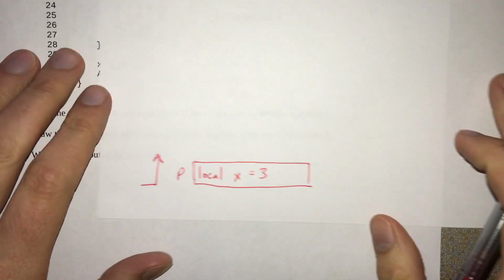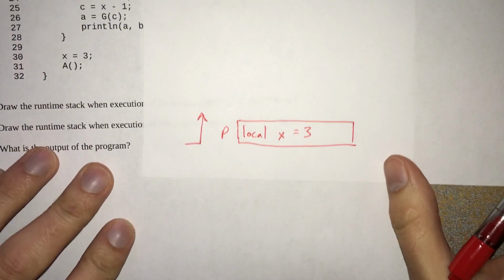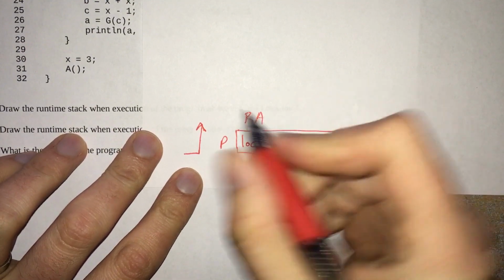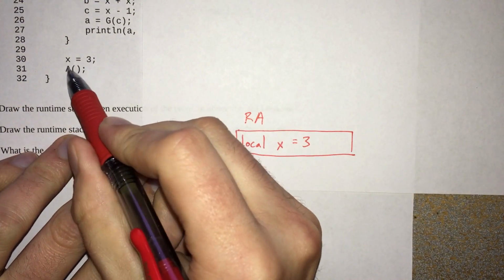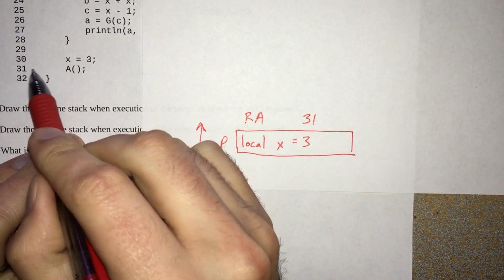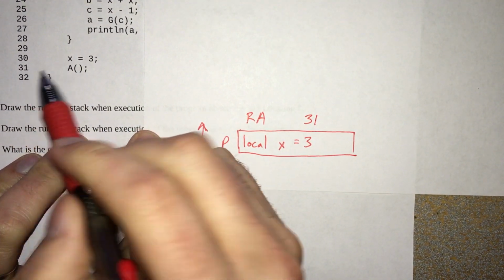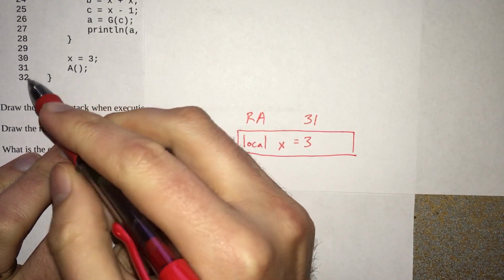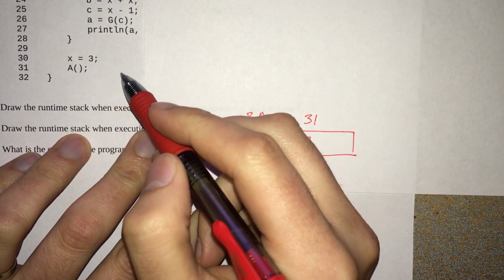As we start building the stack frame for A, we do have a return address, and we're going to be returning back to the same place where we called A, so that's line 31. Note that we're using line numbers here because we're tracing this in source code. Once this was compiled down to assembly code, this would be the address of the next machine code instruction.